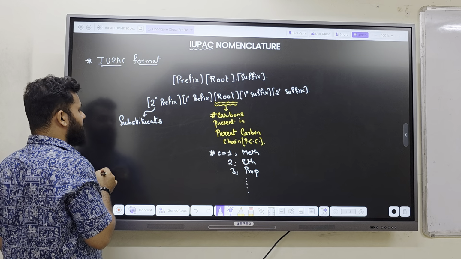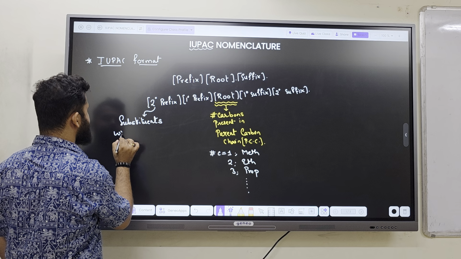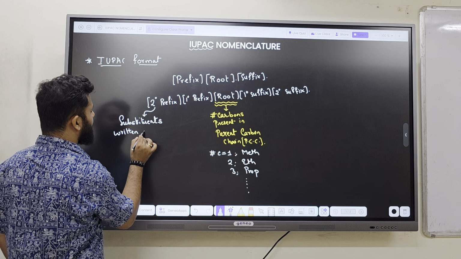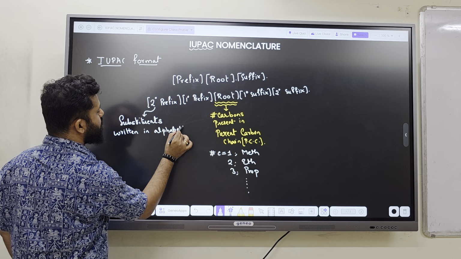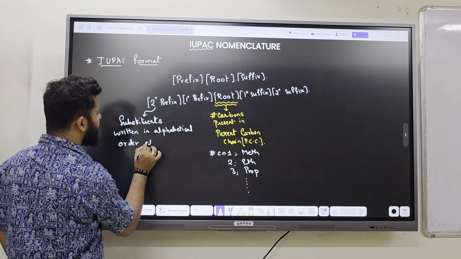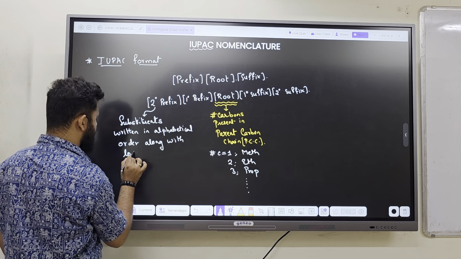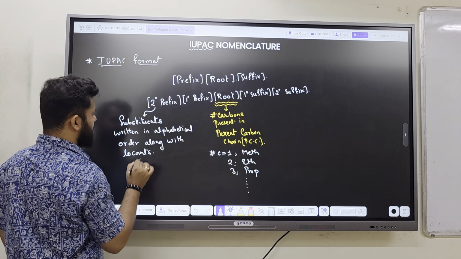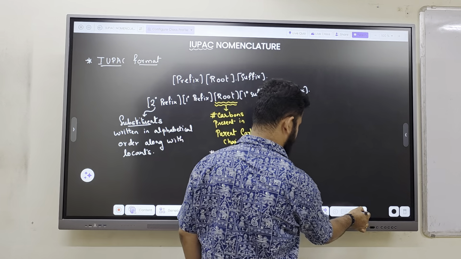In case we have more than one substituent, the substituents are written in alphabetical order, along with locants. Sir, what are substituents? Let us try to understand what substituents are.